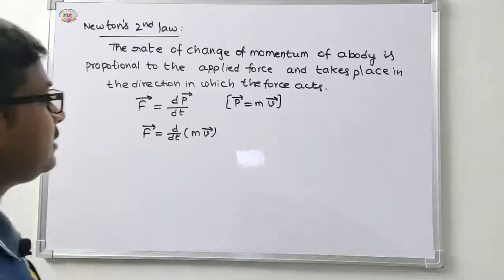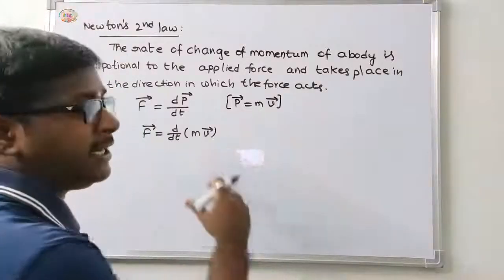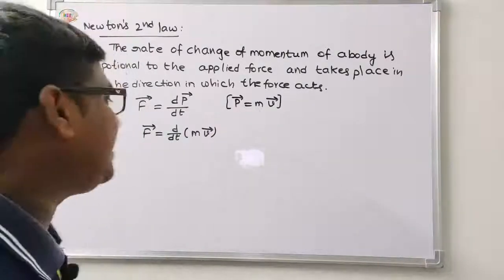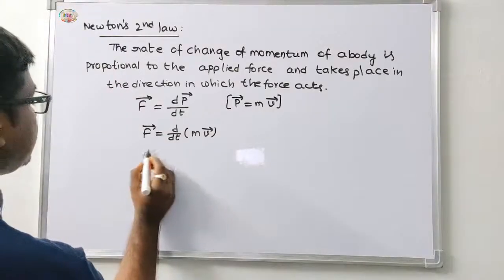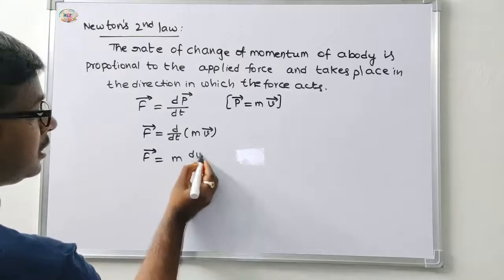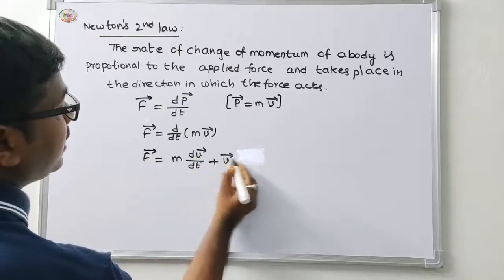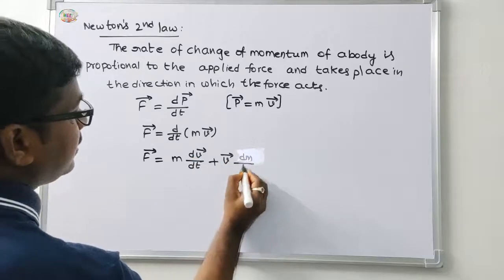Using the product rule, d by dt of uv is u into dv by dt plus v into du by dt. So F bar is equal to m into dv by dt plus v bar into dm by dt.